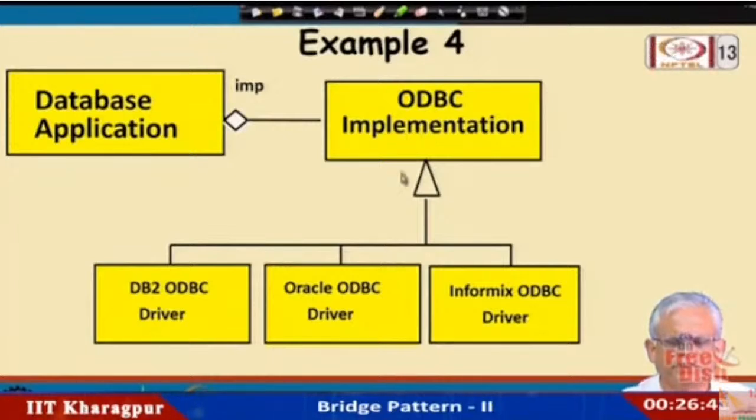The ODBC implementation is subclassed into various types of databases, the DB2, Oracle, Informix, and so on. And this helps us to separate out the implementation hierarchy from the application hierarchy.